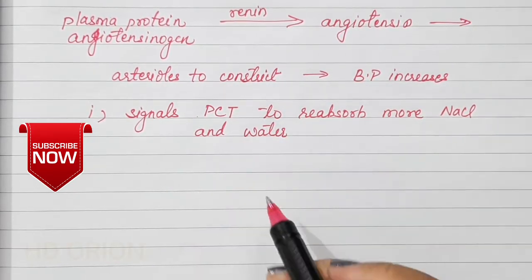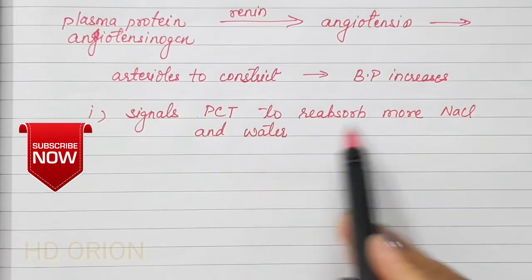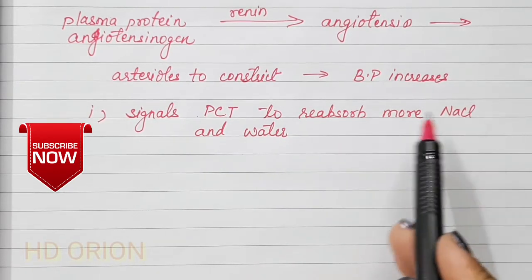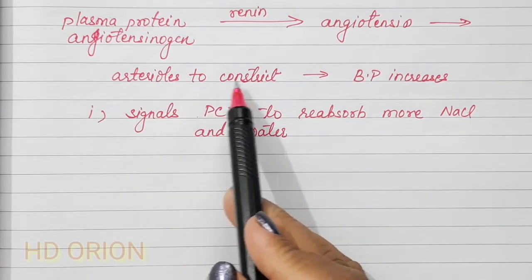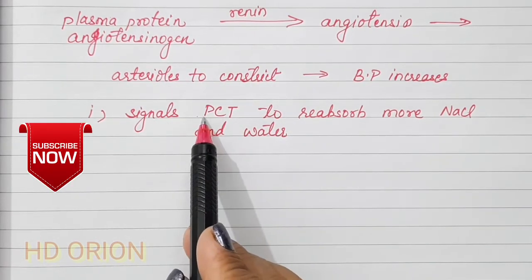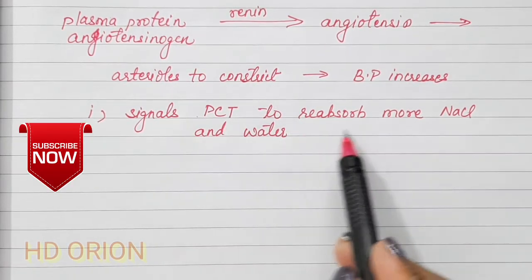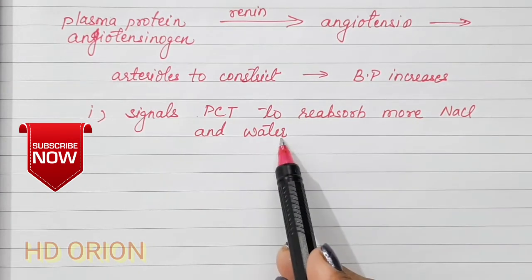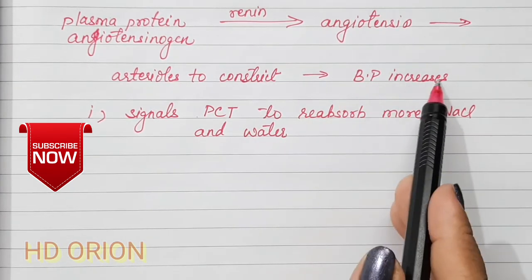Since the blood pressure had fallen due to loss of water and NaCl, angiotensin causes the arterioles to constrict, and it signals the proximal convoluted tubule to reabsorb more NaCl and water, and therefore the blood pressure increases.